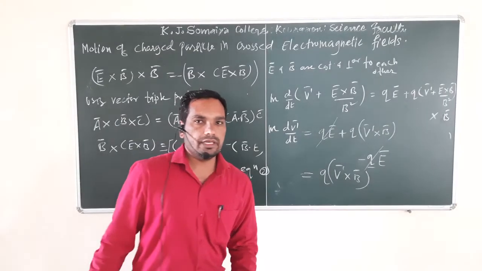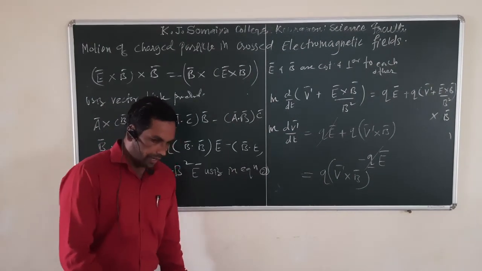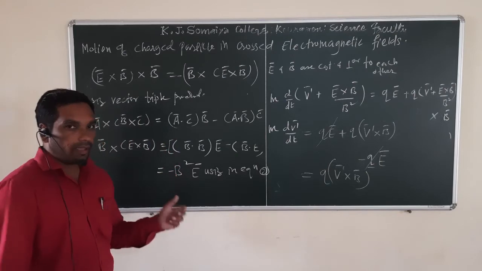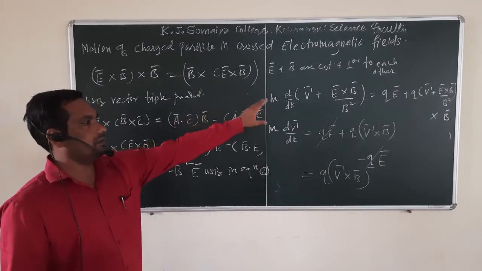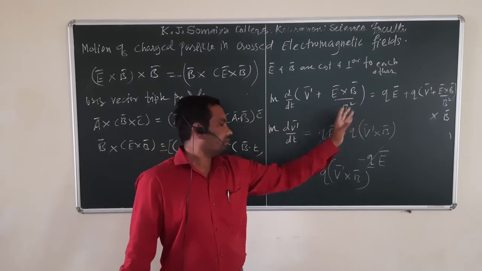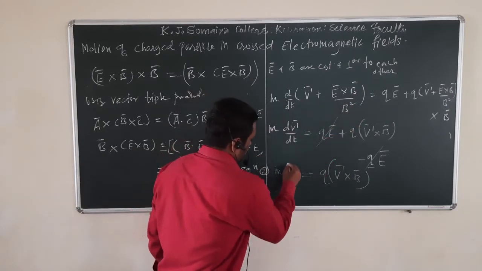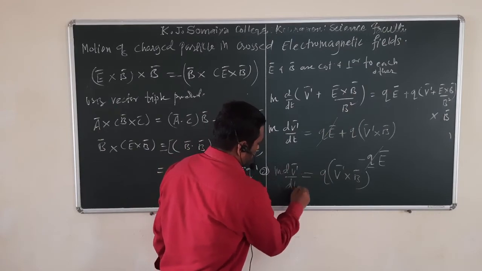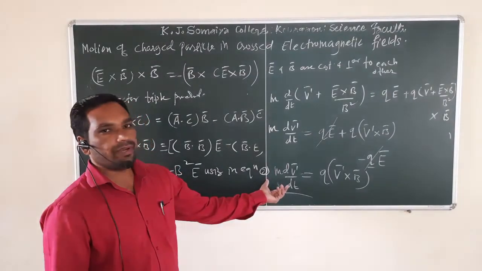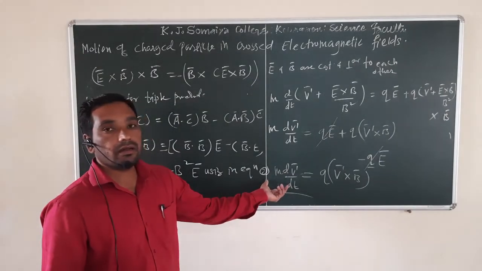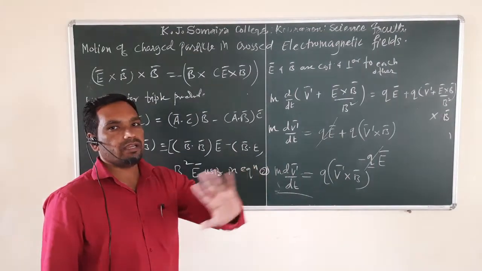Now you will know why we have taken v dash like this, (E cross B) upon B square, to get the equation in this form: m dv dash upon dt. This is the equation for when we place a charged particle in a magnetic field.